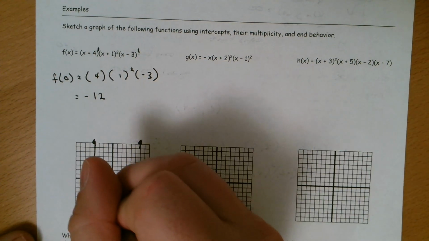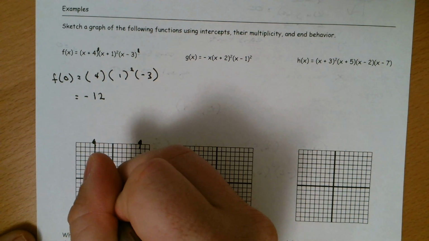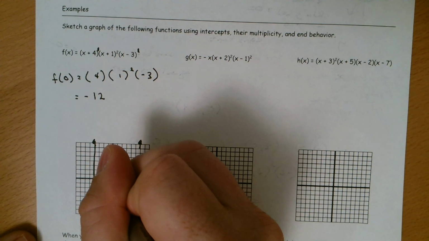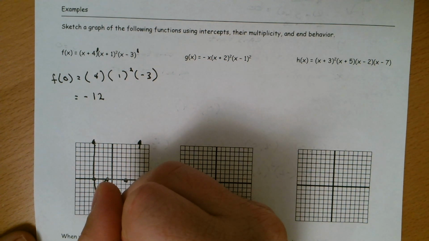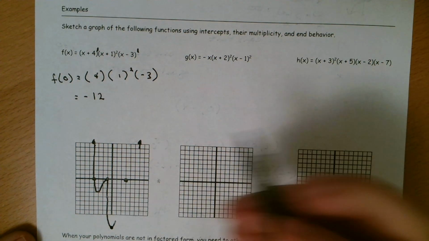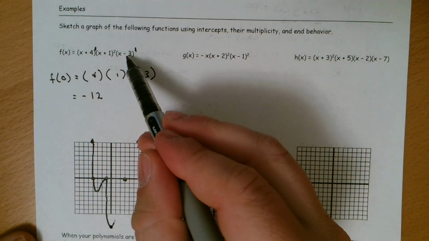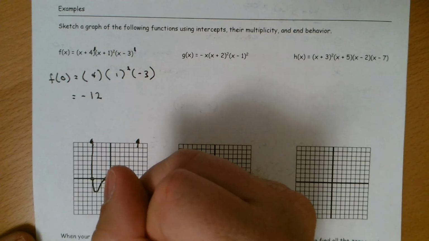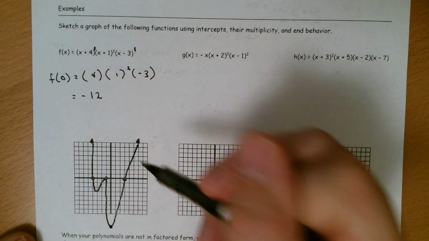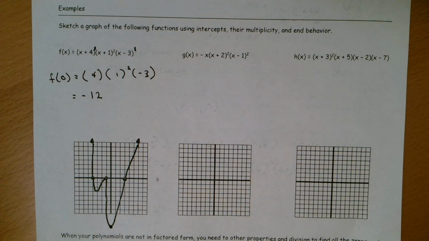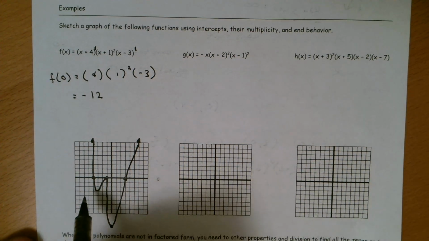We're not going to talk just yet about turning points, but I'm going to let you turn it around and bounce it off negative 1. It has to go through your y-intercept. And now at 3, odd multiplicity, so we are going to cross through. And there you go, there's a finished graph. We'll worry less about turning points right now, worry about it down the road.